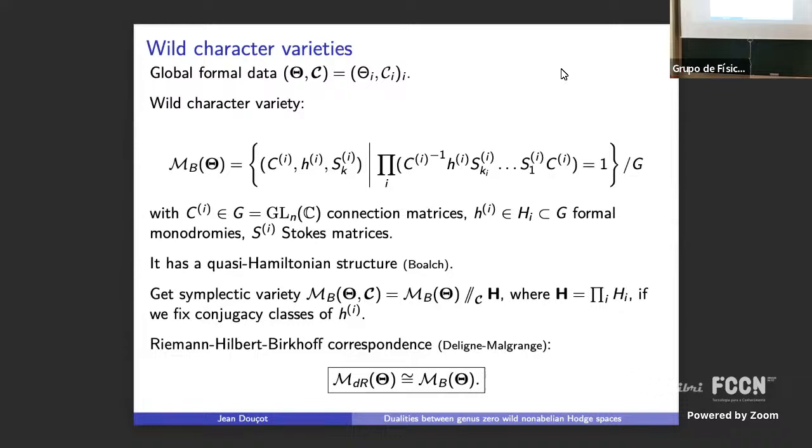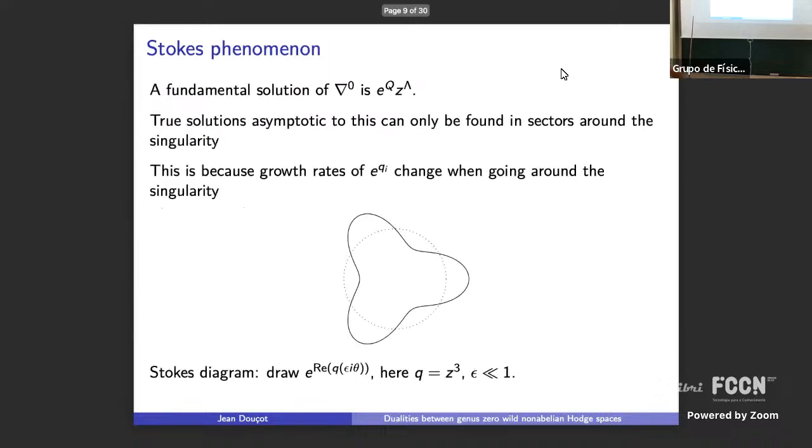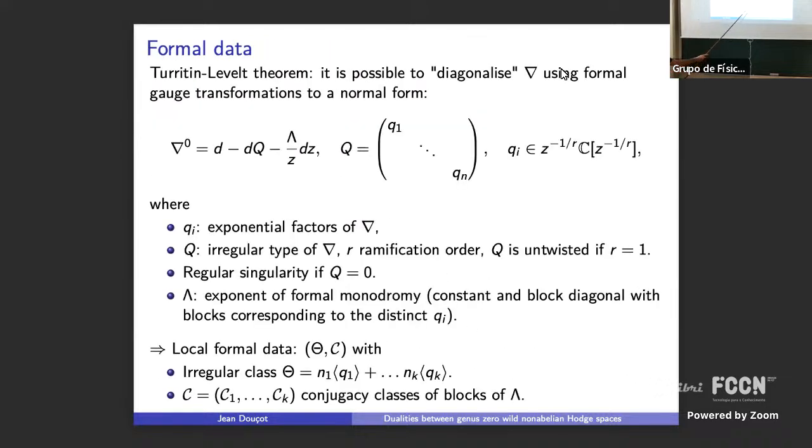So the hi are some subgroups of GLN, and the shape of the subgroups is basically this lambda that I showed. It corresponds to those blocks of lambda.